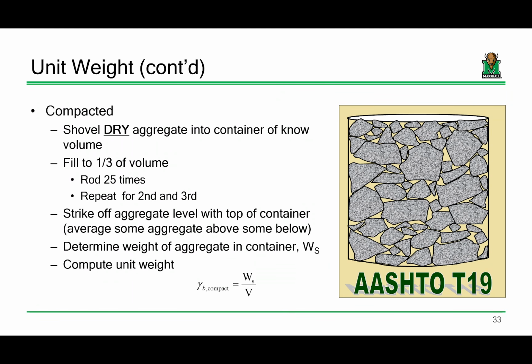For the compacted aggregate, the idea is that we place the aggregate in the container, but we use a tamping rod and tamp it a certain number of times. We typically tamp it 25 times in 3 lifts, and that shakes out the air voids in there and allows more aggregate to fill the container.